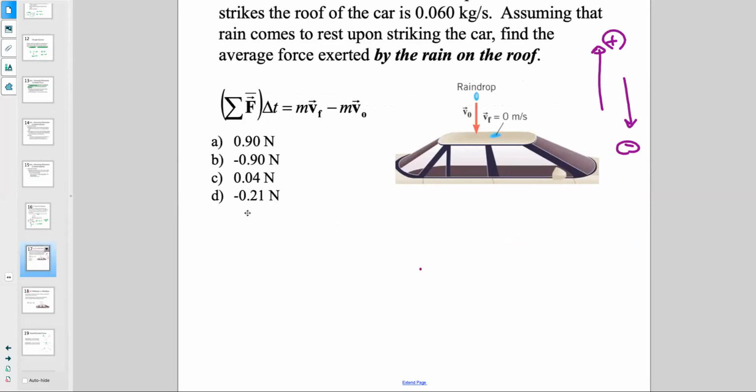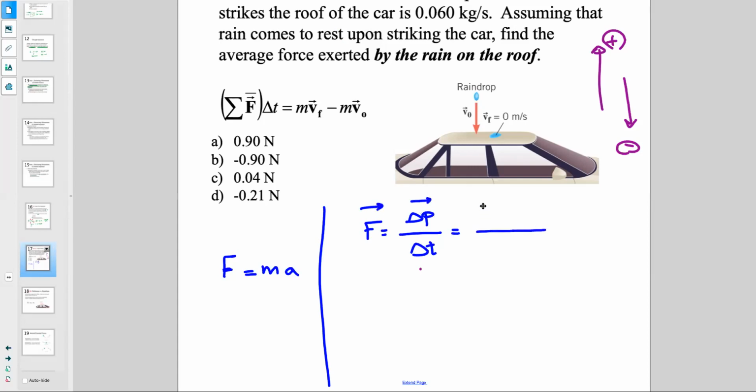So the average force, or F, comes from m times acceleration. We obviously have no idea what the acceleration is, so we want to solve it with this method of F being delta p over delta t. So delta p is p2 minus p1.